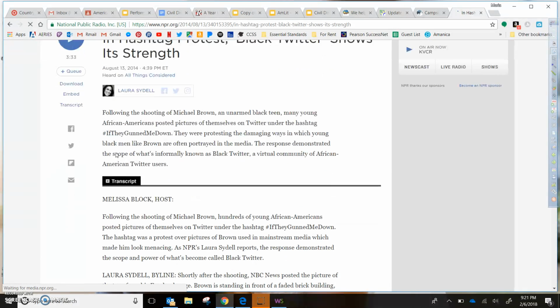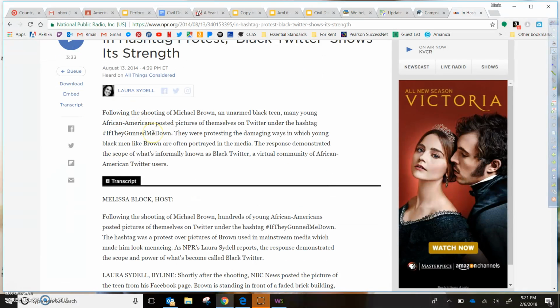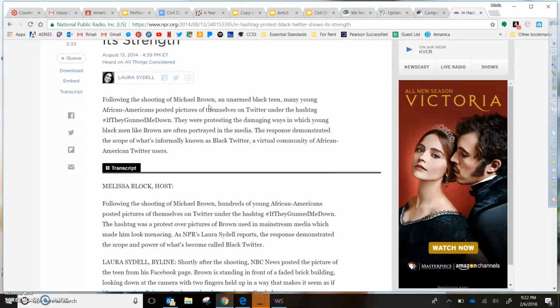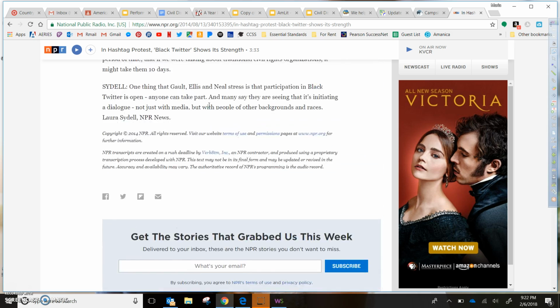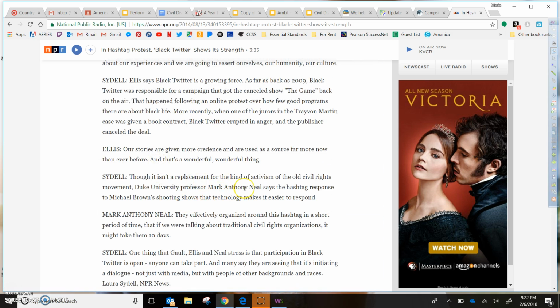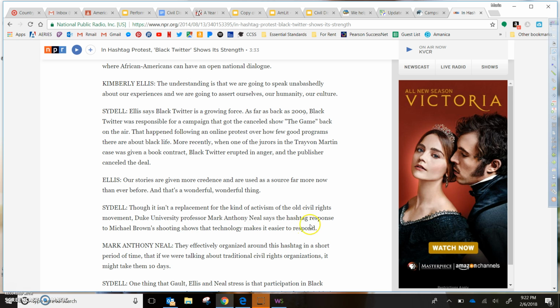In terms of that, I can use something like this. Following the shooting of Michael Brown, an unarmed black teen, many young African Americans posted pictures of themselves on Twitter under the hashtag #IfTheyGunnedMeDown. And I can use maybe something like this as a quote. Though it isn't a replacement for the kind of activism of the old civil rights movement, this university professor says that the hashtag response to Michael Brown's shooting shows that technology makes it easier to respond.